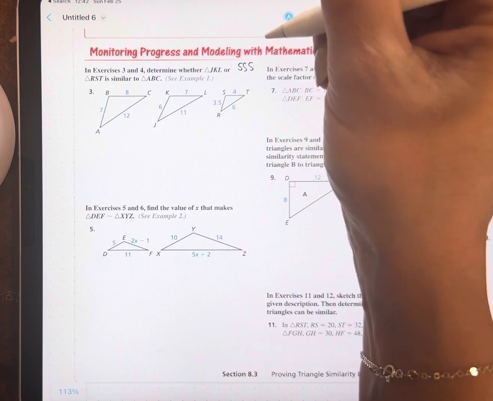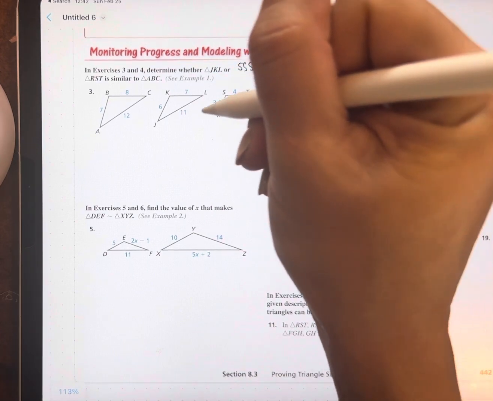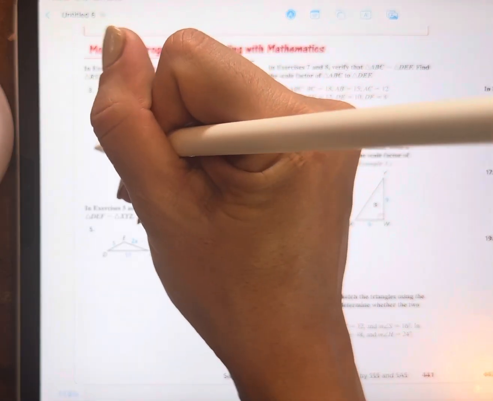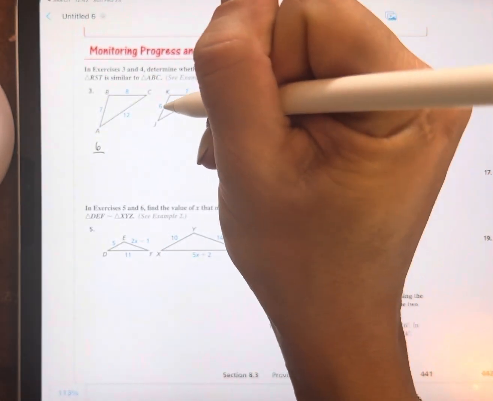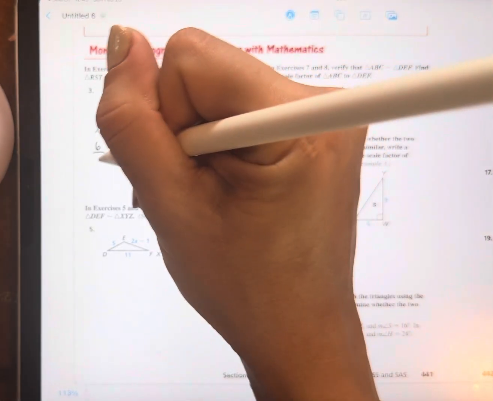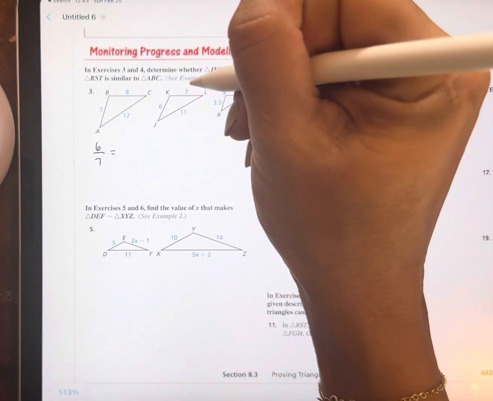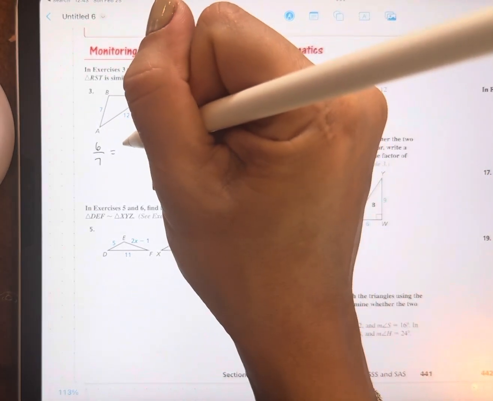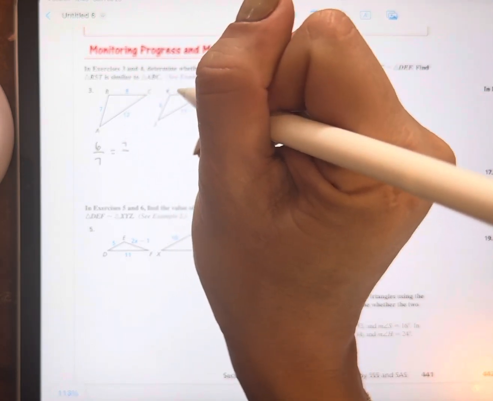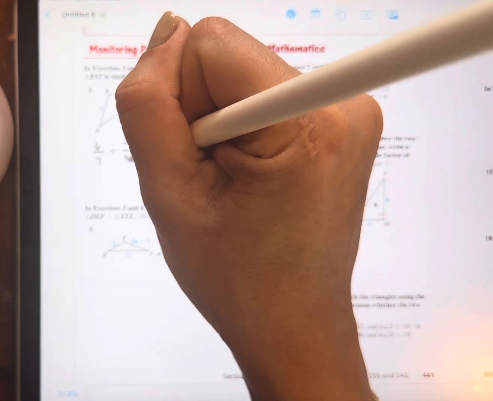So, let's go. JK is 6 over AB is 7. And we want to see, does that equal KL, which is 7, over BC, which is 8?